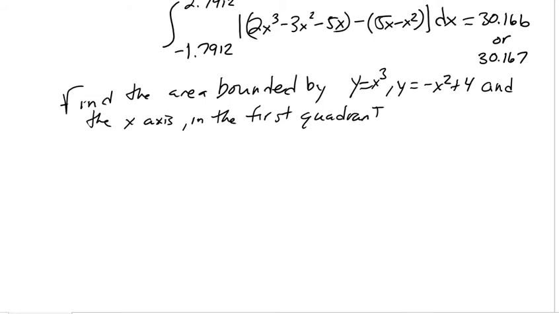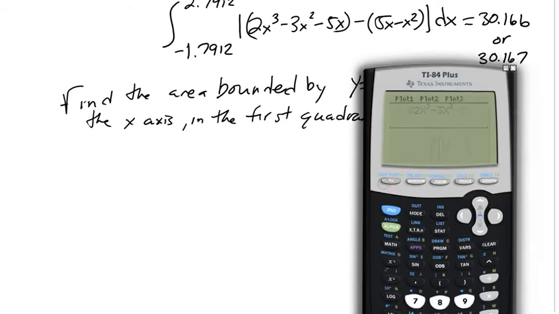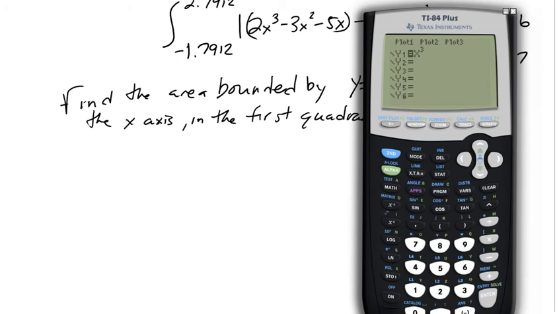Alright, so let's look at that. We'll put these equations in. Let's clear out what we have. The first one is y equals x to the third, and then y equals negative x squared plus 4.